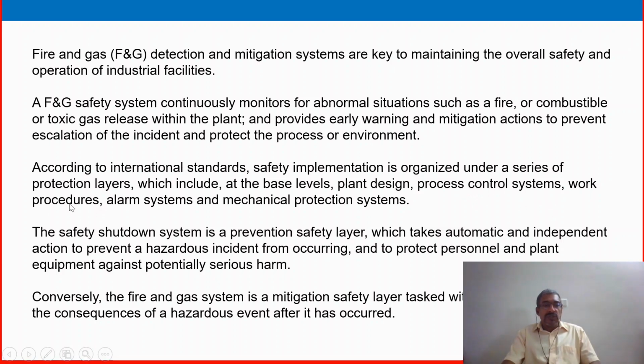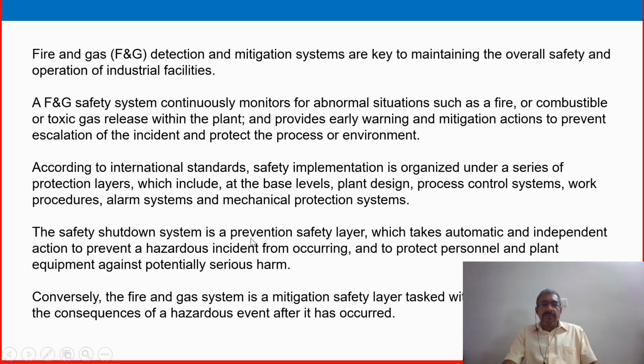Work procedures we are going to discuss in future classes. Alarm systems and various monitoring devices connected to shutdown activities are what we are going to discuss in this class, which mainly focuses on the fire and gas system.